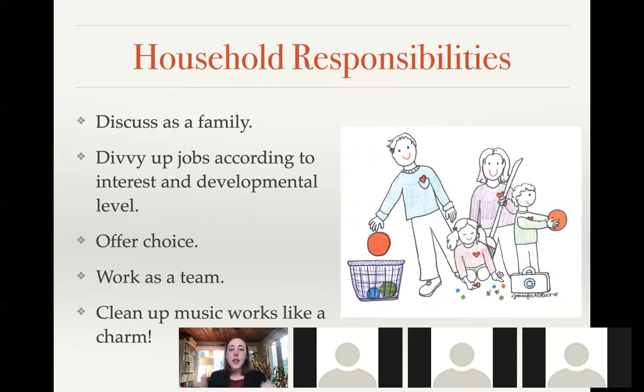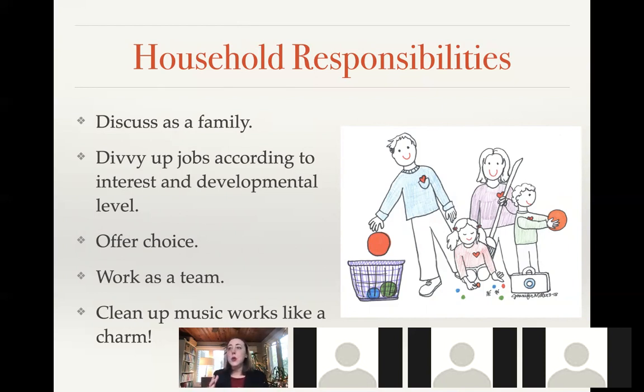But another aspect of sharing power is household responsibilities. How can we make sure that we're working as a team to create a learning environment that is clean, that's organized? And perhaps if you are doing remote learning, or you're doing homeschooling as I am, there's cleanup need every single day.